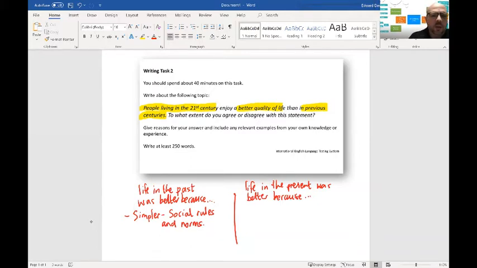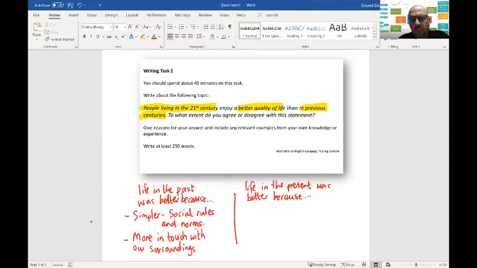I might also argue that we lived more in touch with our surroundings than we do in the modern age of computers.